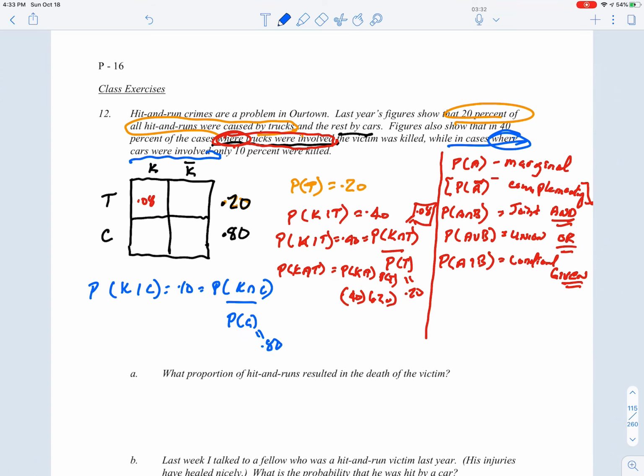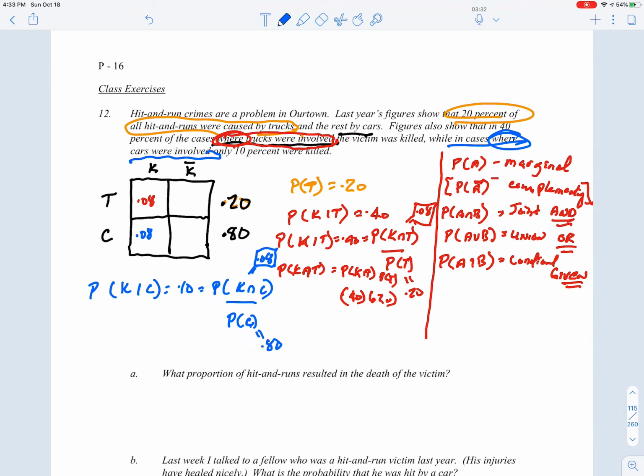This is going to be equal to 80%. Right? 80% were hit by cars. So 10% of 80% gives you 0.08. Now these two numbers are the same just out of coincidence here.